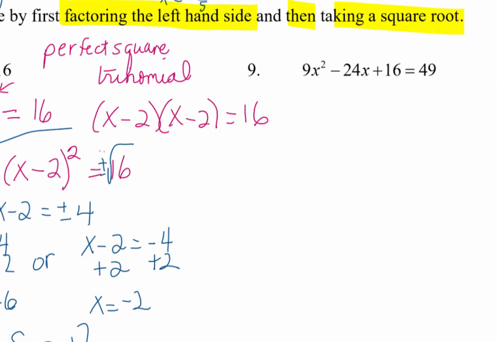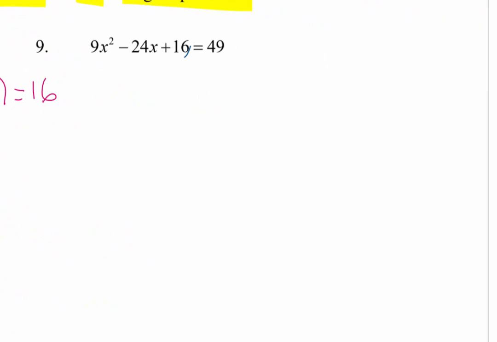Okay, let's go to 9. So this trinomial on the left looks pretty complicated, but it's a perfect square. What do we square here? We squared a 3x. What do we square to get a 16? We squared a 4.